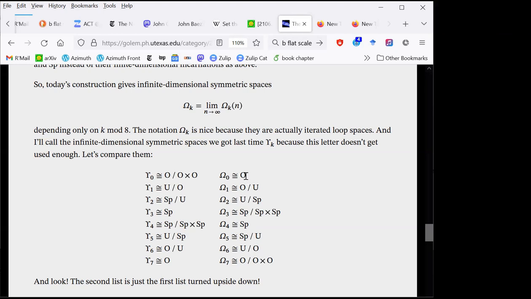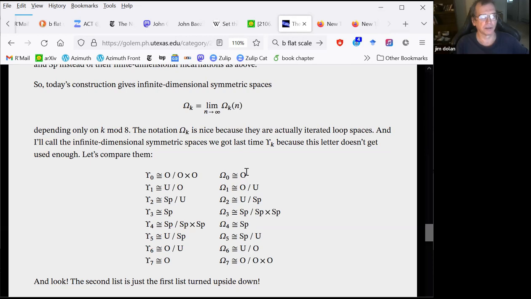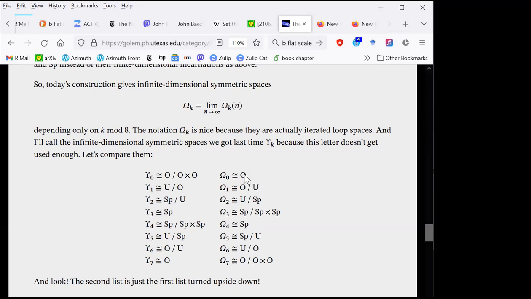So I spent a lot of time thinking about the finite dimensional ones, and those are symmetric spaces in the traditional sense, and they depend on a number like O(n). So this is just the n goes to infinity limit of those, and so it's a simpler way of writing stuff down. It's not as messy, but it may be viewed as a summary of the finite dimensional stuff. It has the advantage that when you go to the infinite dimensional case, you get this infinite loop space.